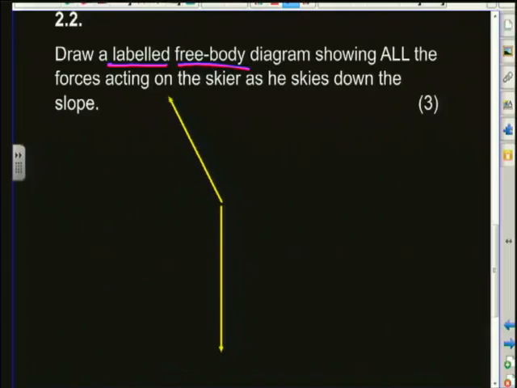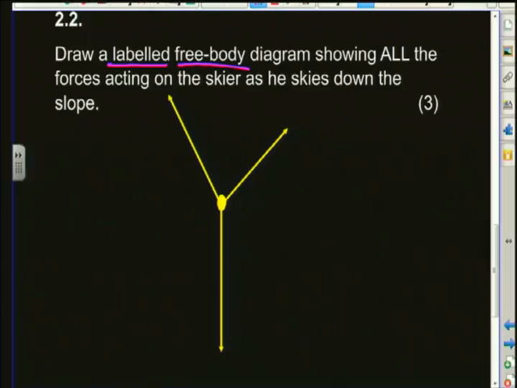Your normal force acts at an angle, and your friction must be at 90 degrees to your normal force. Now, these aren't all nicely put together, so let's just make sure they all come from the same spot, okay? Because if they don't come from the same spot, then they're not a free body diagram. And the thing with a free body diagram is the object is a dot, okay?